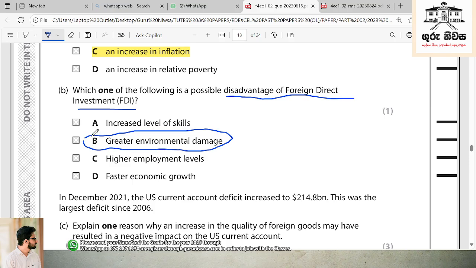Then Lamai, we can say another one is all highways, the Southern Expressway, the expressway from Kadawatha to Nagala, the new one.